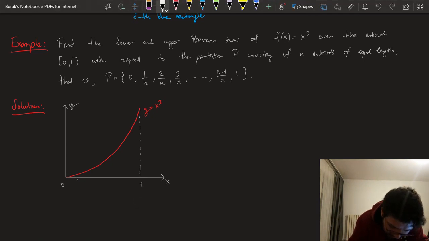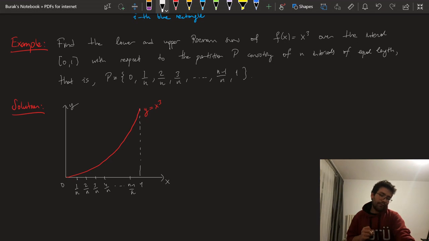I want to split this interval into n equal pieces, so I should have these. And then I want to write down the upper and lower Riemann sums corresponding to this partition for this function.